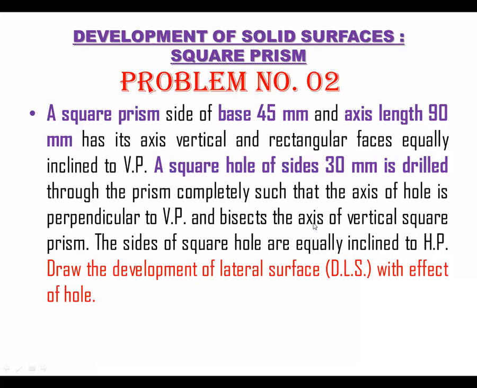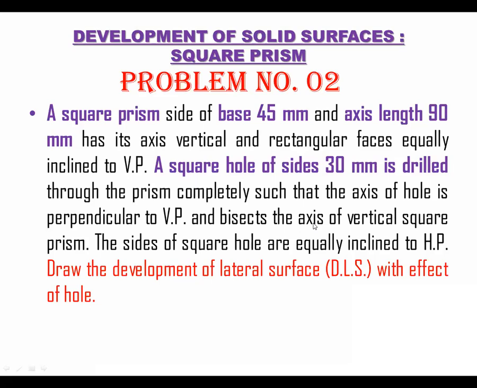You have to draw the DLS of the prism with the square hole. The dimensions are also given. Square prism base 45 mm, axis length 90 mm. Its axis is vertical, means it is standing on ground floor, or you can say it is standing on HP, and the rectangular faces are equally inclined to vertical plane.